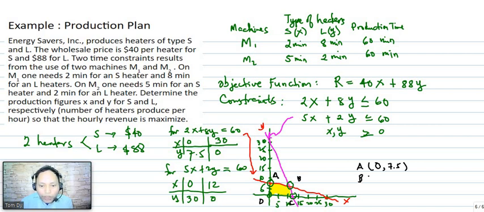For point B, of course, we do not know. So later on, we will solve this one. How about point C? We have y equals 0 for this line, x equals 12. So for point C, y equals 0 and then x equals 12. And then point D, of course, from the origin, that is 0, 0.